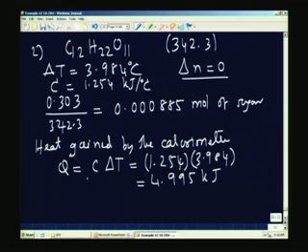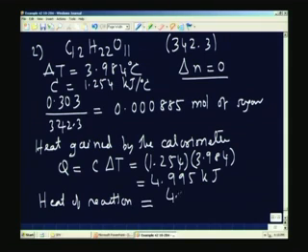So, this must be equal to the moles of the fuel burnt multiplied by the heat of reaction. Therefore, the heat of reaction equals this divided by the number of moles, 0.000885. This gives you a value of 5646 kilojoules per mole.